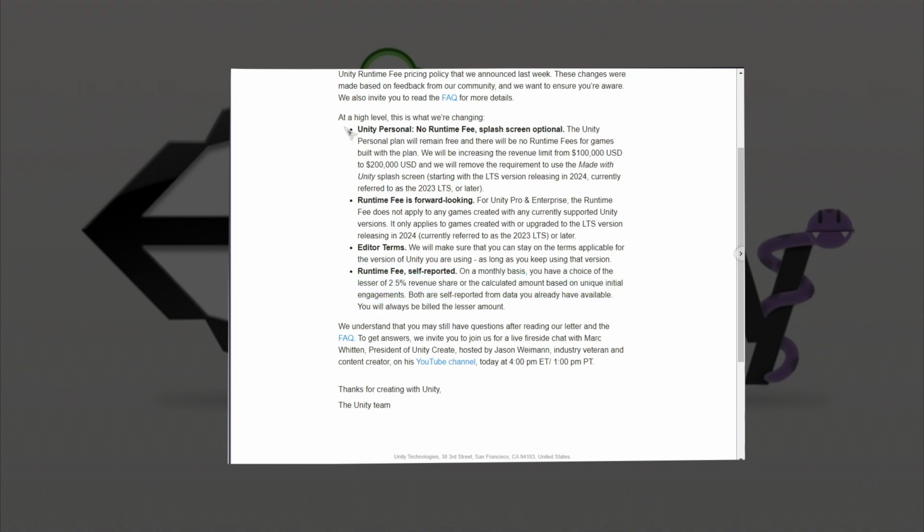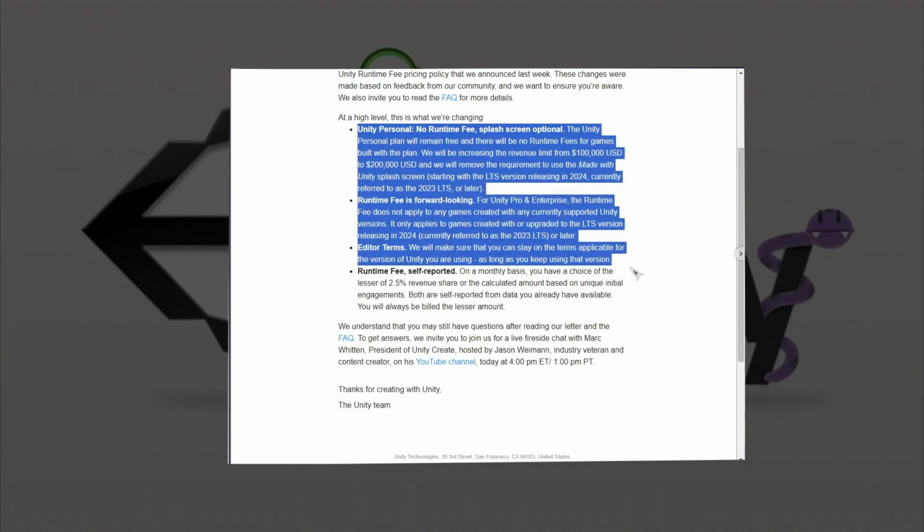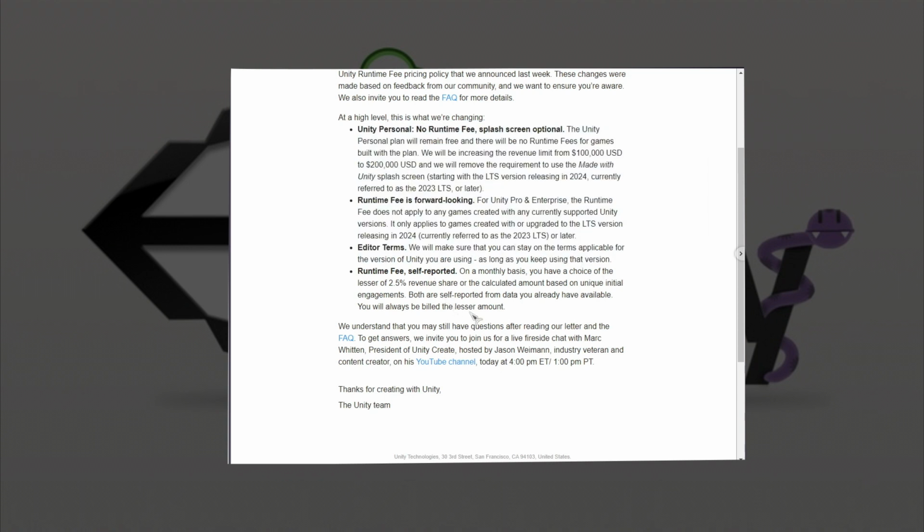Because of what they have done, we can see the previous points here, and in the last point they are trying to reach the community after the backlash. I understand what they have done. It's hard to accept what they did in the past weeks, but here they're trying to get back to us, the community.